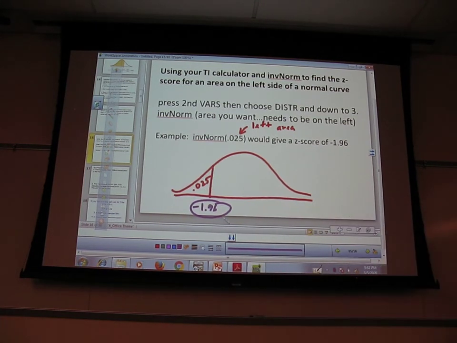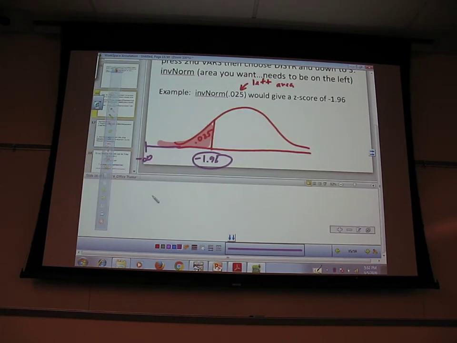Remember we talked about that last class, how I said if we took this little section here, and this z-score out here would be negative infinity, then we'd say that normal CDF from negative infinity to negative 1.96 is equal to 0.025.